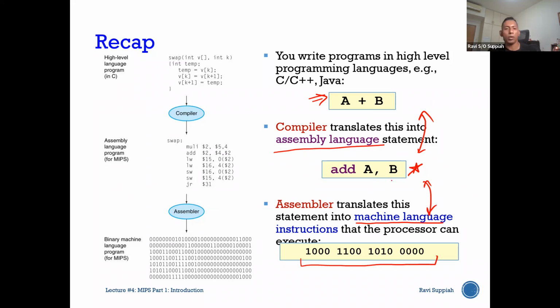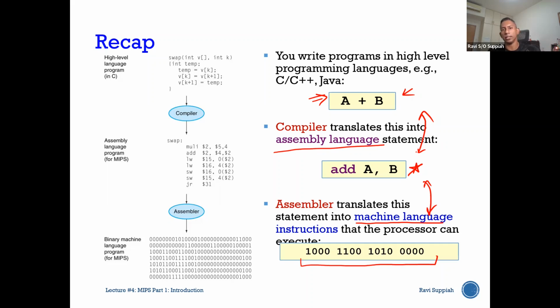This assembly language is very specific to the processor that it is being compiled for. If I take this same high level code and compile it to run on the ARM processor, I will get a specific set of instructions. If I run it on the Intel processor, I will get another set of instructions.